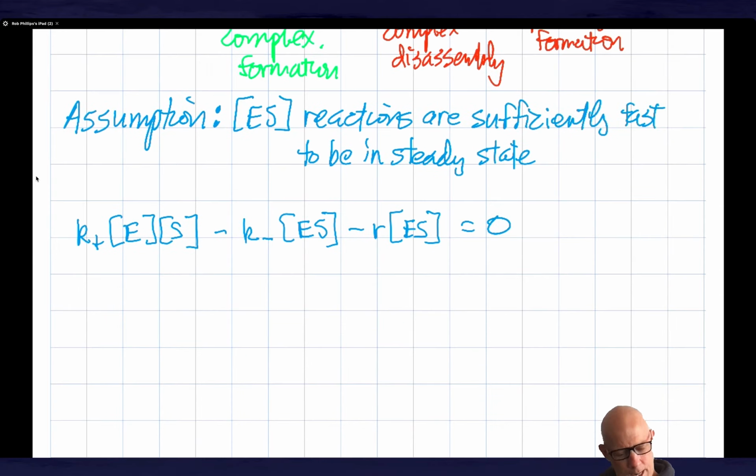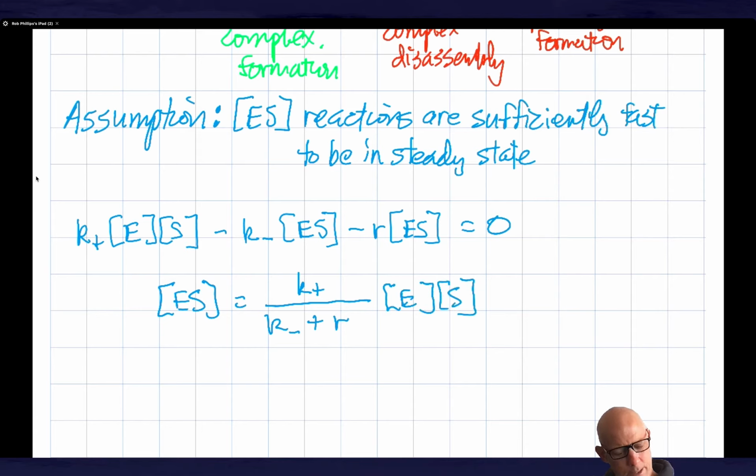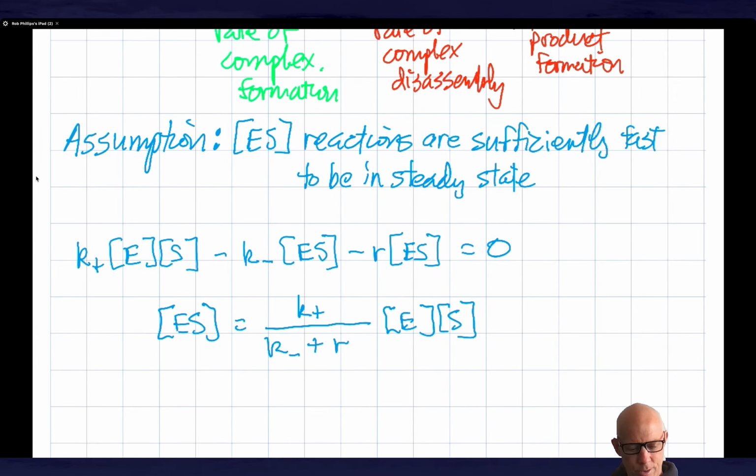And I can recast that nicely as telling me that ES is equal to K plus over K minus plus R times E times S. That's fantastic. So we got this nice simple relationship between the ES concentration and the free E and free S.